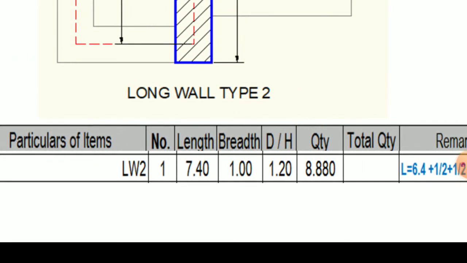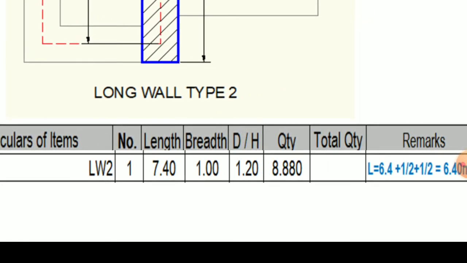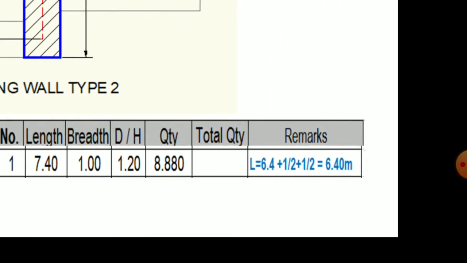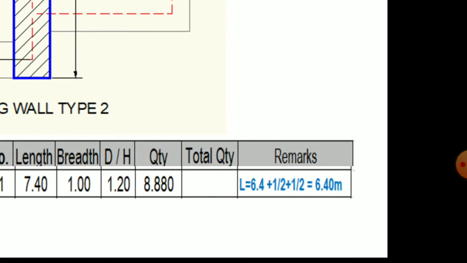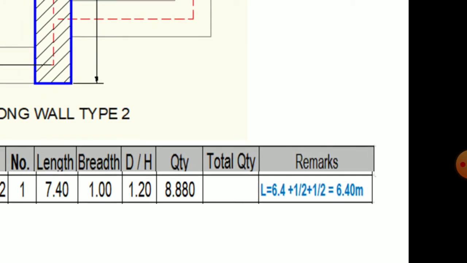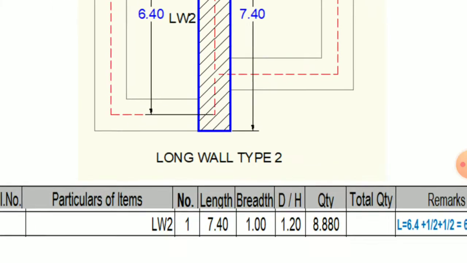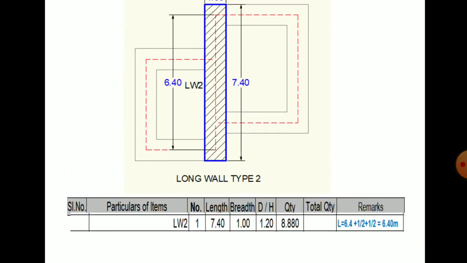It is 7.4 meter length, width is 1 meter, and depth is also 1.2 meter. Quantity is 8.88 meter. In the remarks column, how we are getting 7.4 is written, that is 6.4 plus half, that will be 7.4. It is wrongly printed as 6.4, so actual length will be 7.4.